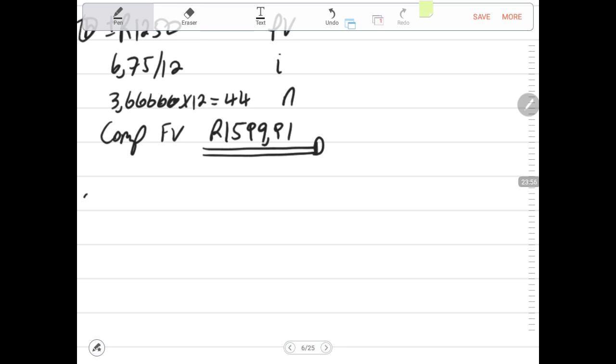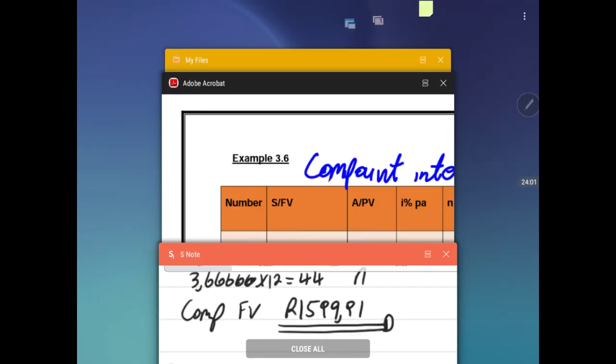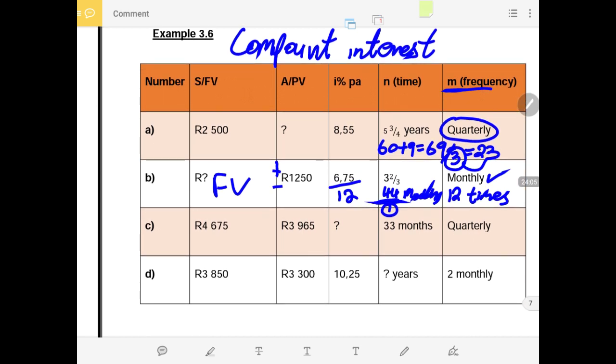Then now we go to number C. Under number C, we are given that the future value is there. And please remember, if there is a future value, that needs to be plus minus. If we have both present value and future value, only one must be plus minus.